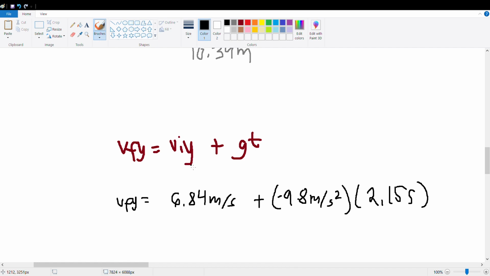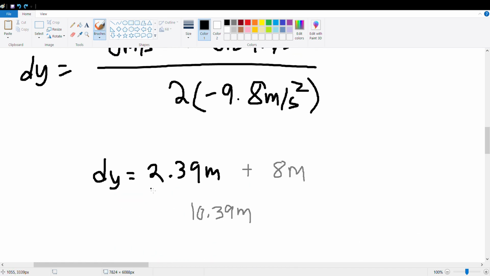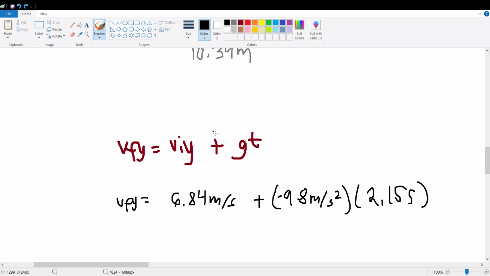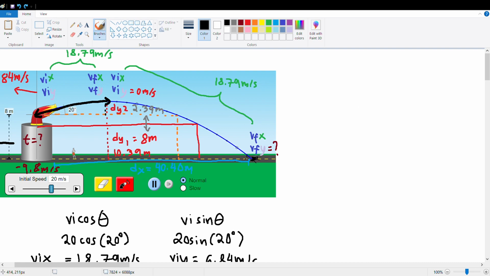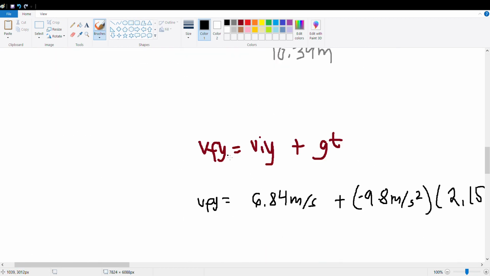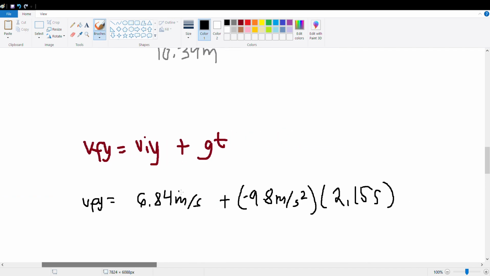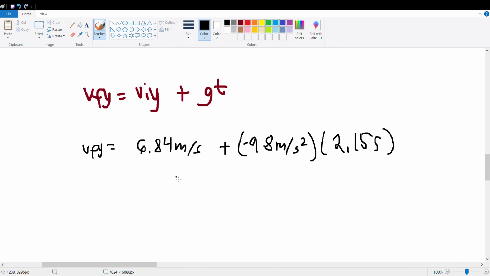Okay, hold on. I am pretty sure VIY here is 0. Yeah, wait. Okay, wait. We're supposed to find VIY from VFY here. So we're most likely going to be using 0. I mean 6.84. Let me just put that in the calculator real quick if I'm wrong.